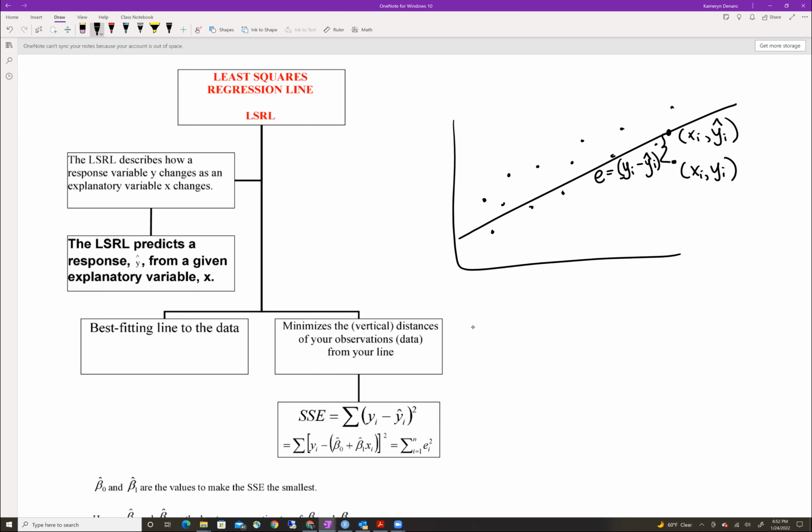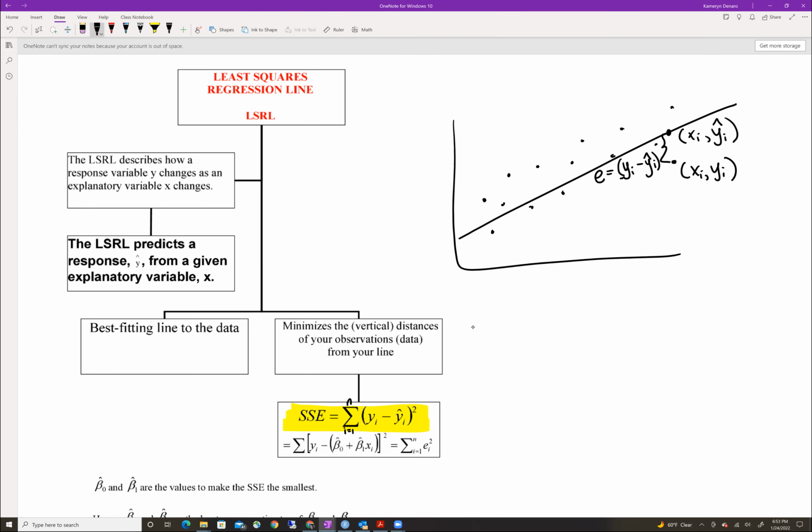Our sum of squared errors, SSE, is the summation for each of your observations, i equals 1 to n, of the yi minus yi hats. So we can substitute in beta 0 hat plus beta 1 hat xi for each person, and then minimize this.